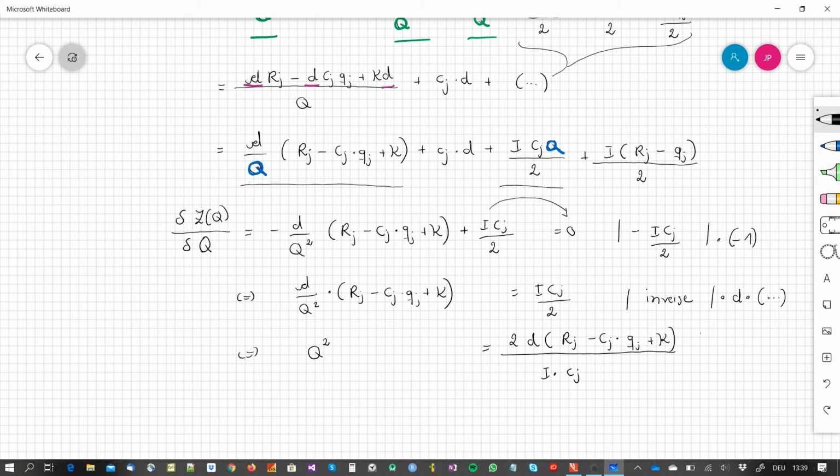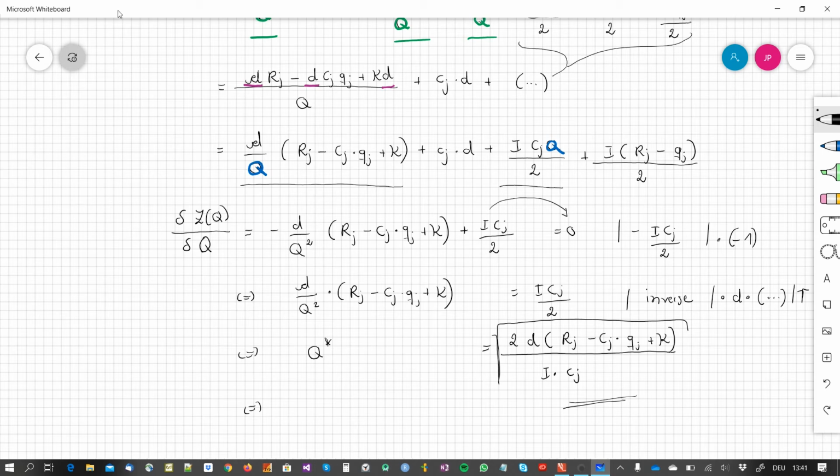And this we get if we take the square root. And when we do so, I include the step now here, so I don't have to write too much. So our optimal Q is then the square root of this term. And this is what you find also in the lecture slide.